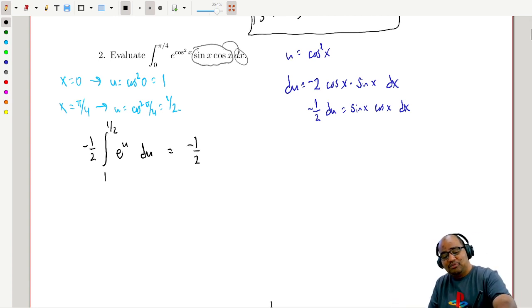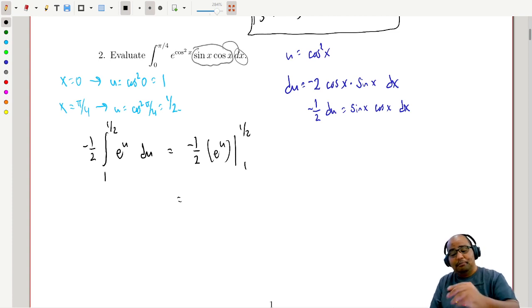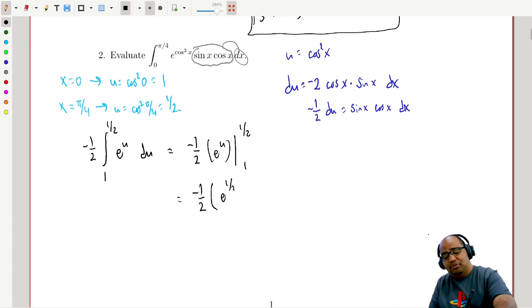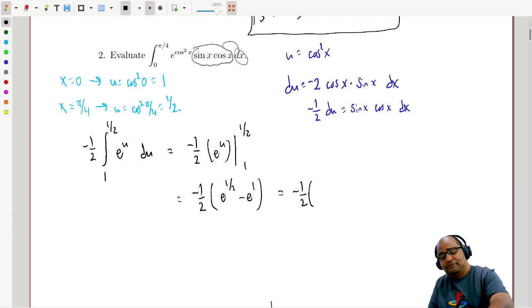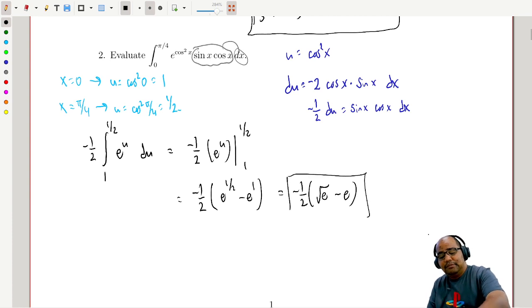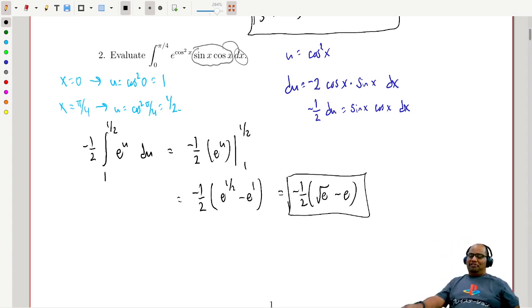So we have minus 1/2 times e to the u, evaluated between 1/2 and 1. All right. And now we just go ahead and plug in top minus bottom. So e to the 1/2 there on the inside minus e to the 1, which is e. And a nice way I could write this here is minus 1/2 times the square root of e, that's e to the 1/2, minus e. Excellent. Good work.